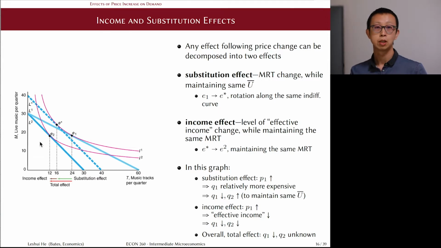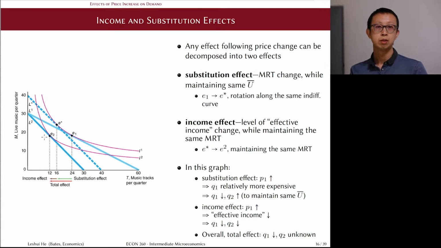As a result, Q1 decreases and Q2 increases, and that is the substitution effect that moves from E1 to E star. And independently from the income effect, as P1 increases, the consumer is effectively poorer. In this graph, it appears that both goods are normal goods, and both of their demands decrease as a result of decrease in income.